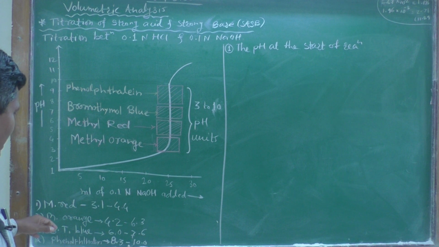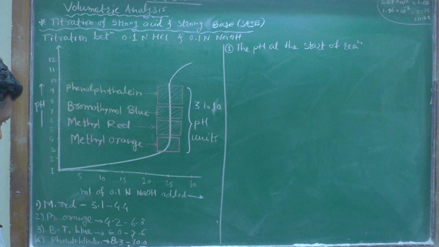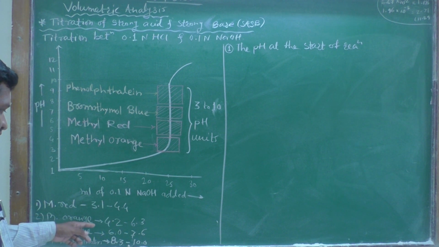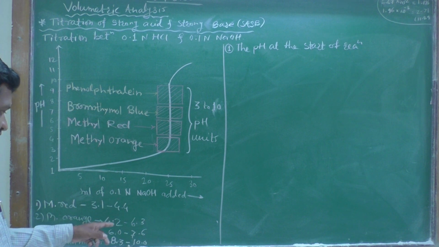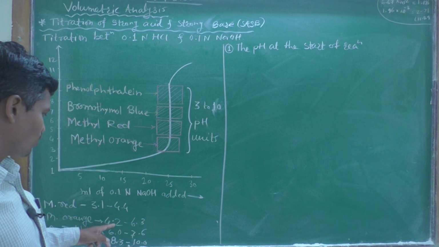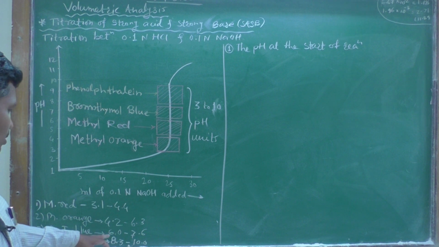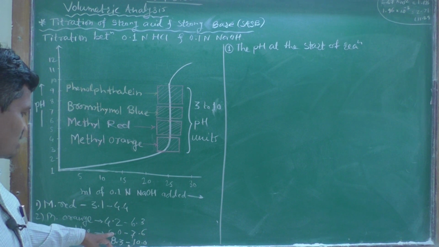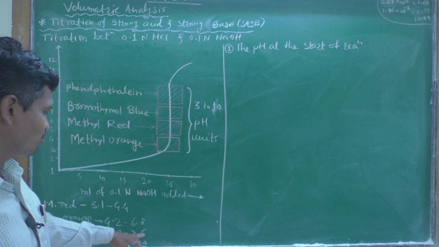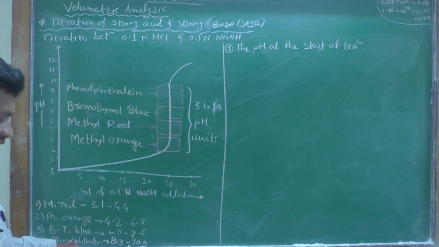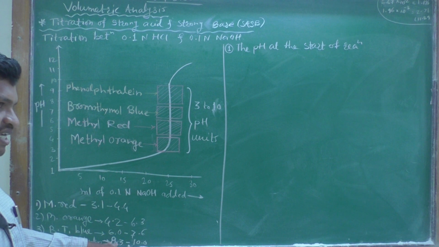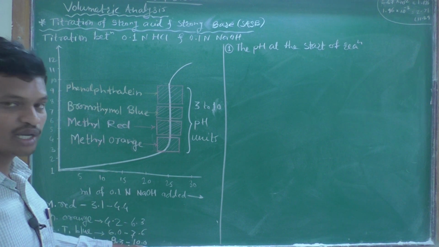Methyl red has 3.1 to 4.4, then methyl orange indicator has a transition range from 4.2 to 6.3, then bromothymol blue has a transition range from 6.0 to 7.6, and phenolphthalein indicator has its transition range from 8.3 to 10.0.